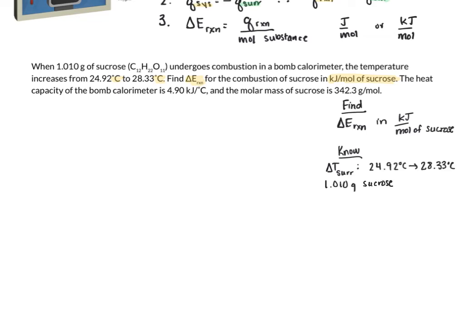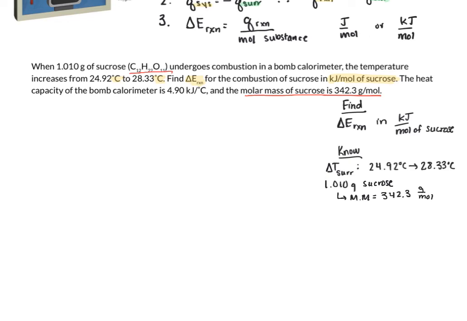We don't know the moles, but we do know that the molar mass of sucrose is 342.3. And if that weren't given, it does give us the chemical formula, so we could solve for that. So the molar mass equals 342.3 grams per mole, so that's going to allow us to convert grams of sucrose into moles of sucrose.